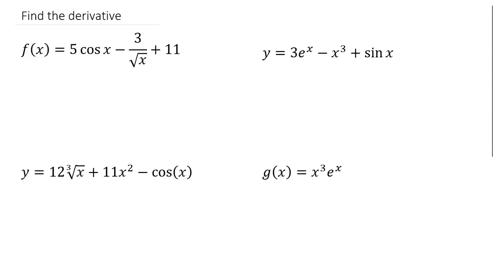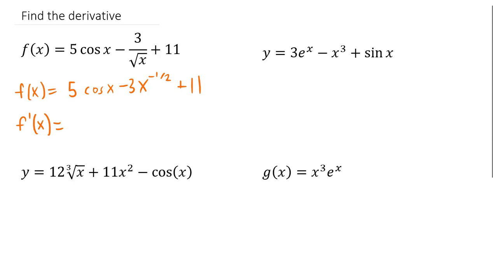So we can practice. If I had f of x equals that whole mess, maybe first I would rewrite f of x as f of x equals 5 cosine of x minus 3x to the negative 1/2 power plus 11. And I did that just so I could see the power on x, so that I can write f prime of x, the derivative of f. 5 cosine.